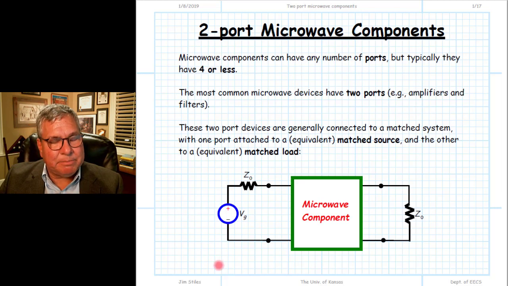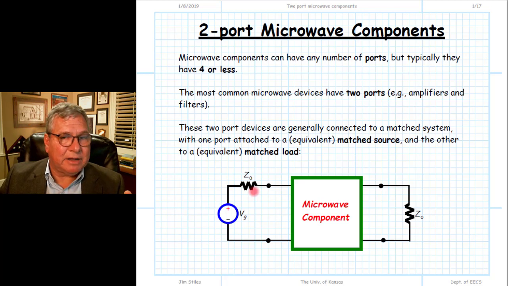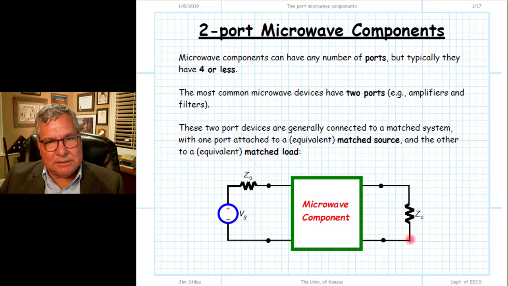Therefore maximum power transfer is preserved, and we can model whatever is on this side, this useful system or device, as simply a matched source. We know that the output impedance will be equal to Z0 if it is a matched device or a collection of matched devices that are connected together. So this is the equivalent circuit that we have for a 2-port microwave component immersed in a matched system.